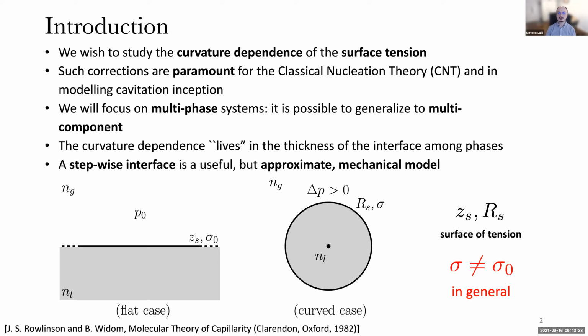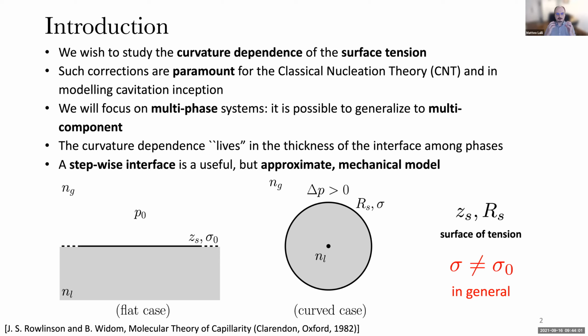These are all problems where the curvature of interfaces at the beginning, for example, the nucleation, is extremely large. So any curvature correction to the surface tension is going to play evidently an important role. We will focus mainly on multi-phase systems, although it has been done to extend all these considerations to multi-component.